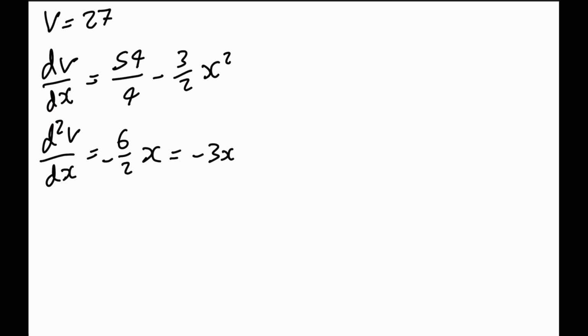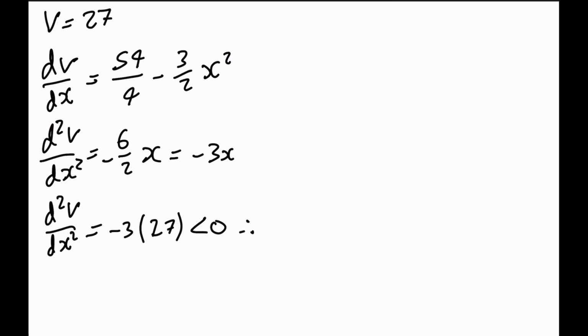And if we substitute our value of x, 3, into the equation, our d squared v over dx squared is equal to minus 9, which we know already because of the negative sign is less than 0, therefore it is a maximum. So we have proved that the maximum volume you can get is 27.